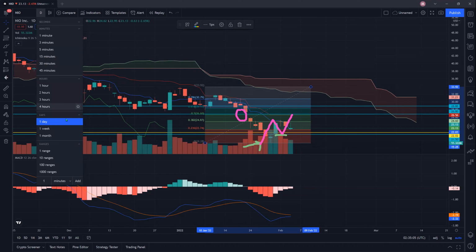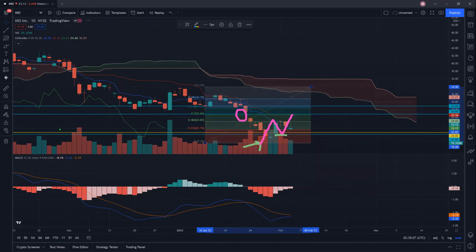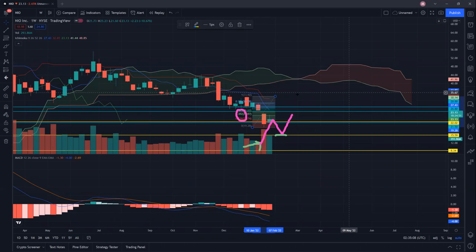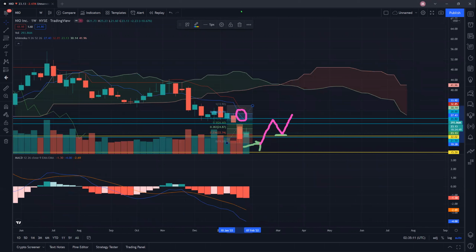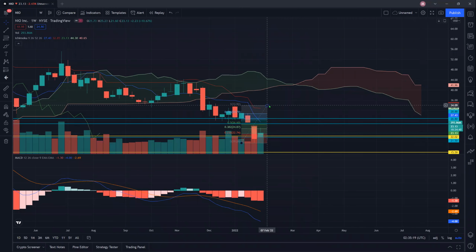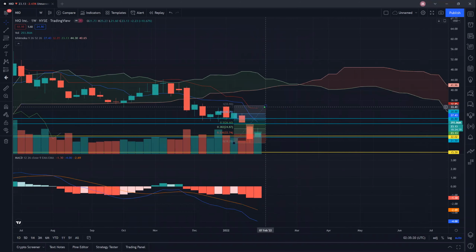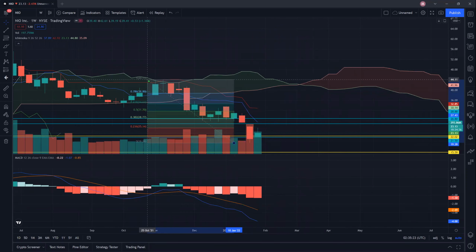If you look at the weekly charts for a better idea of this, let me clear away the annotations first. You can see that if you were to look at the weekly charts, and if you swing the Fibonacci from the high of about $44 to a low of about $19, at this 23.6% level we actually did not clear it.